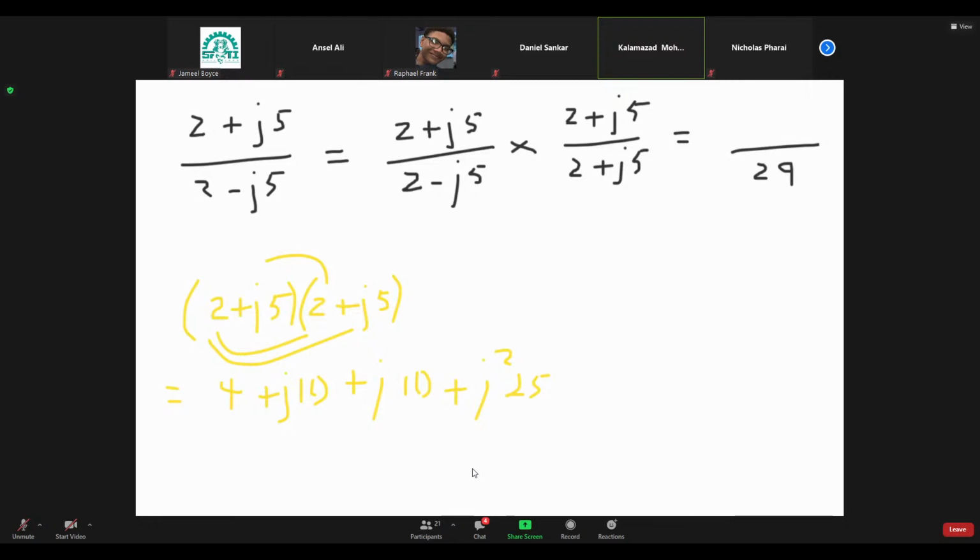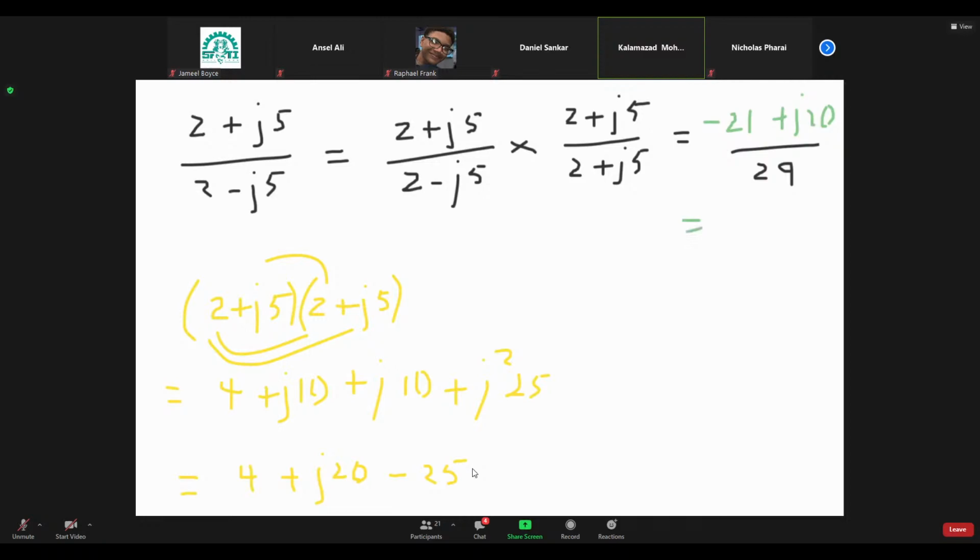Right? Which of course is 4 plus j20 minus 25. Right? Because remember j squared is minus 1. So our answer then becomes minus 21 plus j20. Okay, of course you can divide it using your calculator and stuff, right? I'm leaving it as is, but really we don't leave the answer like that, all right?